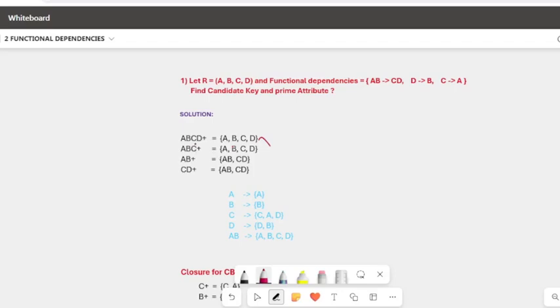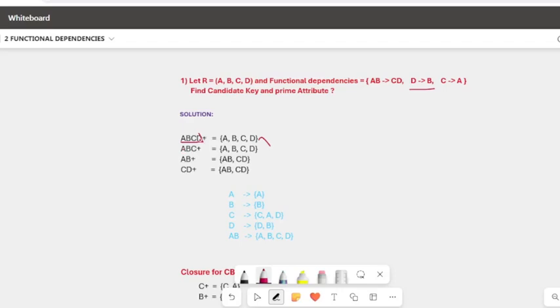Then we reduce this term, considering these four attributes. If something determines another attribute, we reduce that term. For this example ABCD, D determines B. Instead of B we can use D, both are the same, we will see this later.